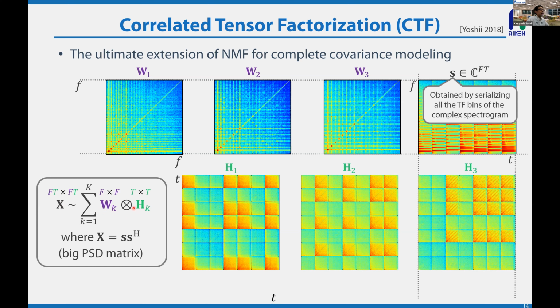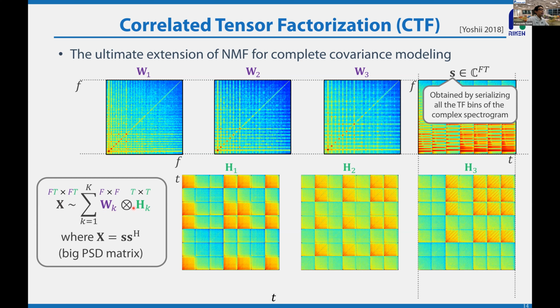Here, this is the linear transform of the original observation S. This is the multivariate complex Gaussian distribution. But please note that the covariance matrix is given by a diagonal matrix. This is a diagonal matrix, and this is a diagonal matrix. The Kronecker product of these two diagonal matrices yields some diagonal matrix. This means that in this Gaussian distribution, all the dimensions are independent.